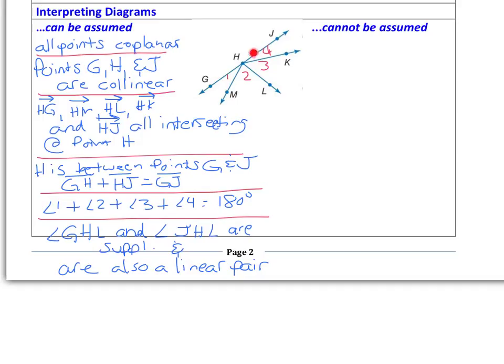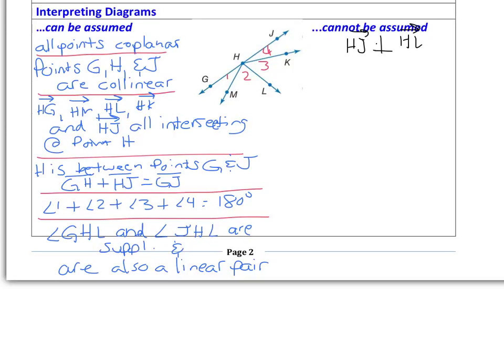This angle here, I don't know if it looks 90 degrees to you or not. To me it looks acute, but even if it were really close to your eyes, but not marked as a 90-degree angle, you cannot assume that. So HJ cannot be assumed to be perpendicular to HL.